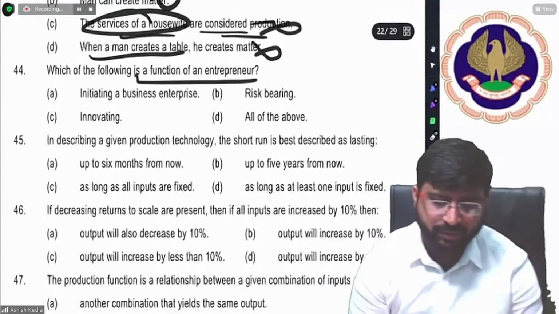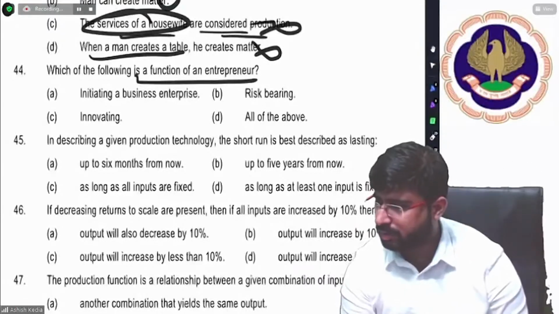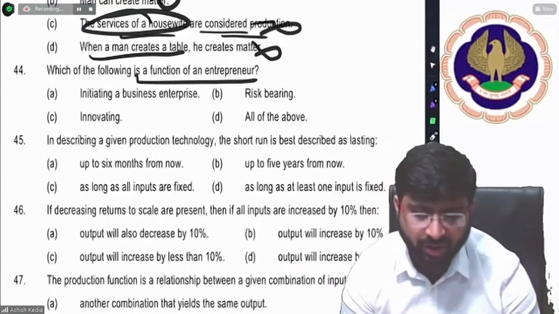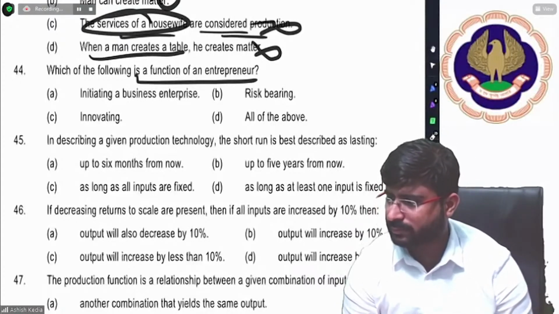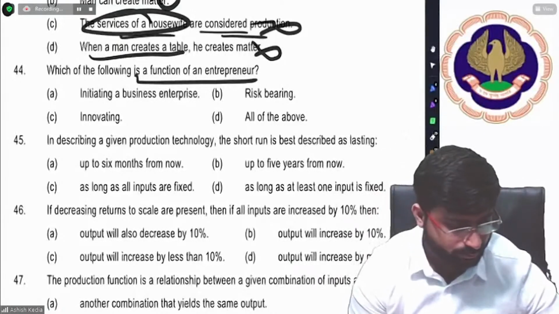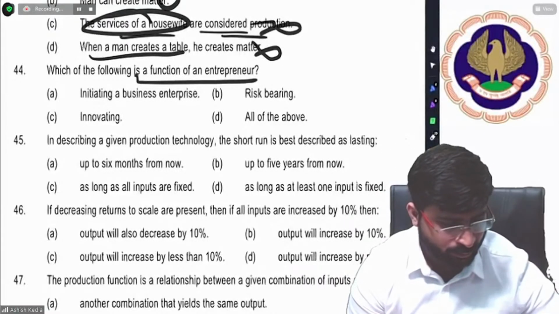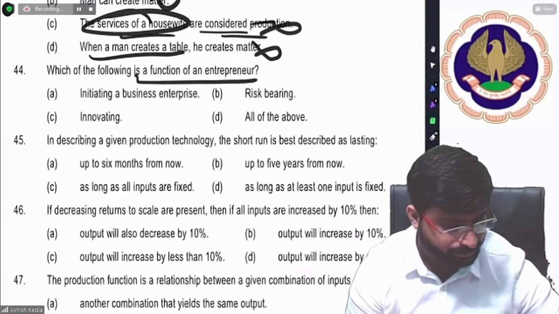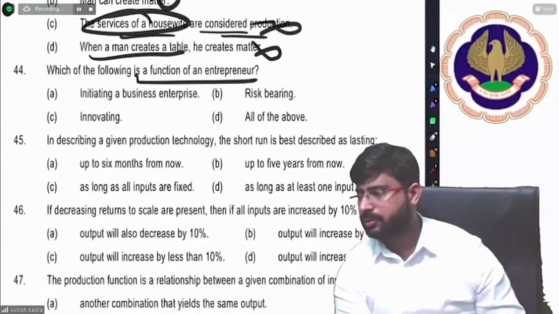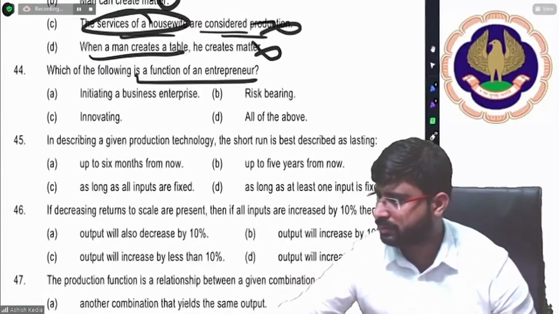Which of the following is a function of an entrepreneur? Come on.